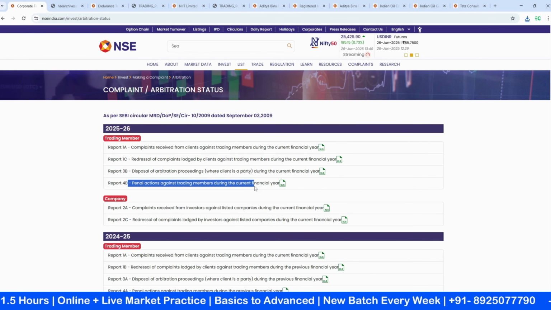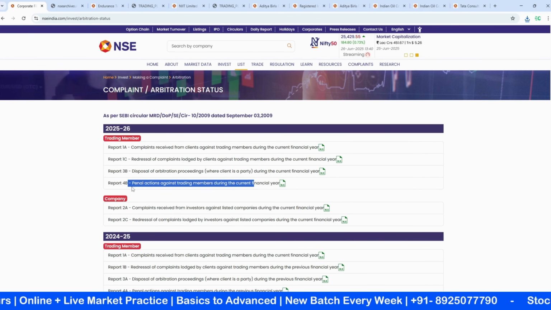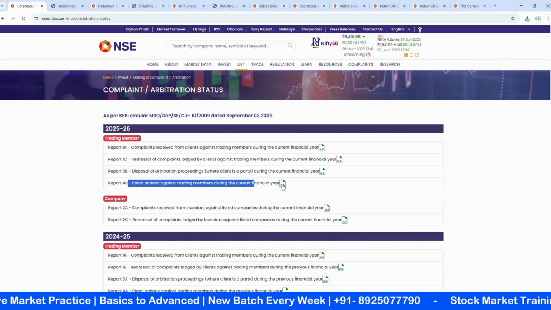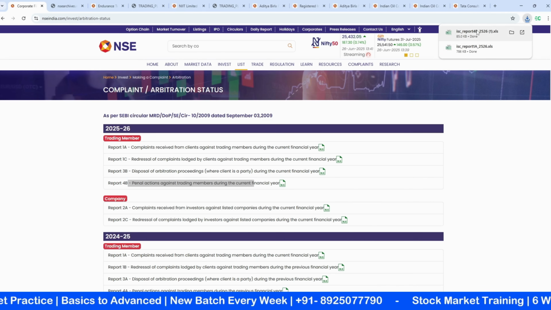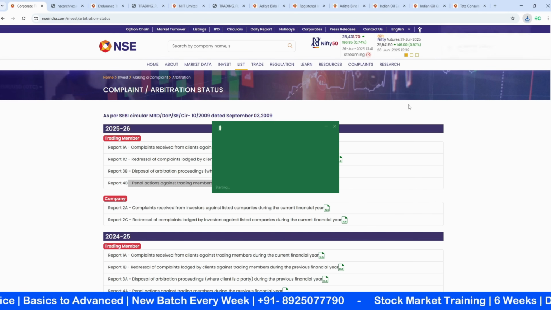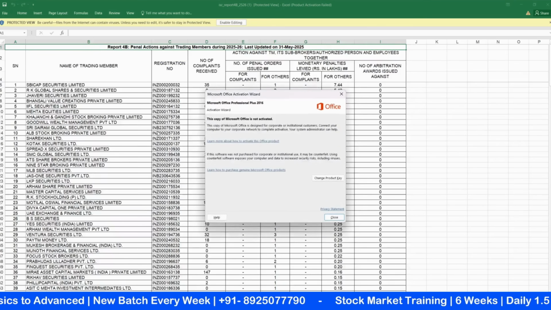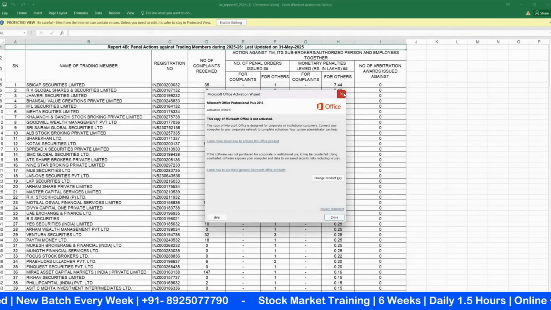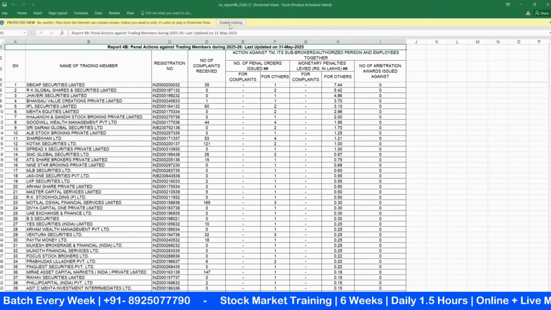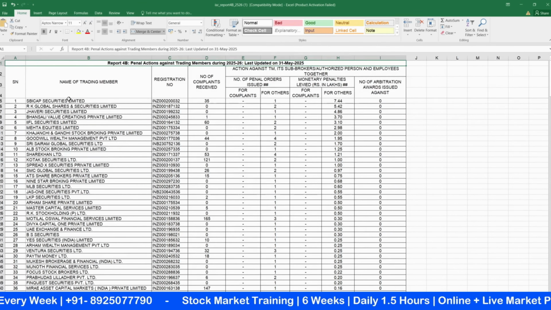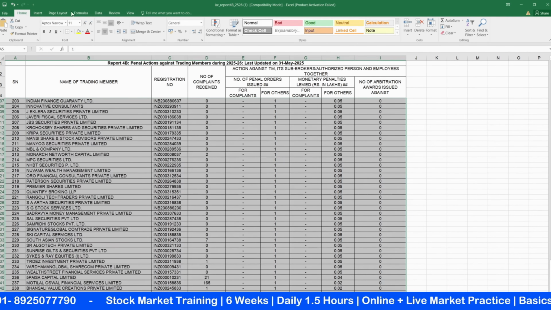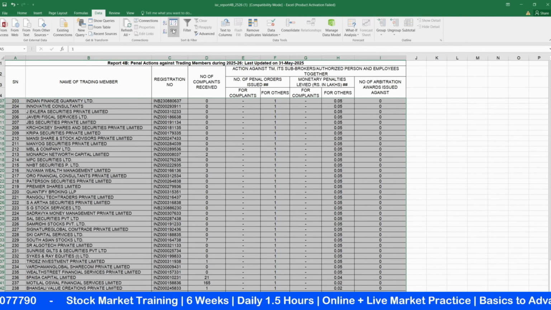In one click, you can download this particular Excel and get the complete detail. If you want more relevant data, you can download this Excel sheet and sort it out. Let me open one for you. When you open the Excel sheet, you will get these data points. Just hit enable editing, and there you have a lot of information. If you're good with Excel, you can certainly sort this.